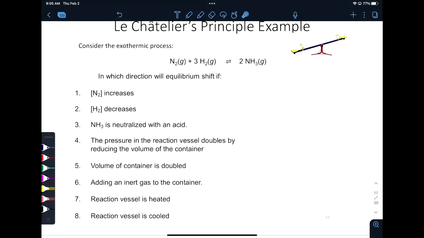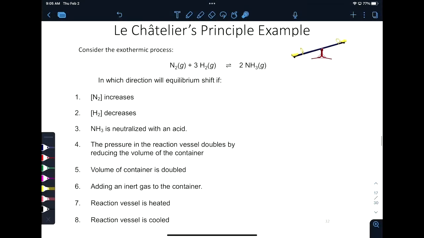So let's actually look at an example. Let's look at our Haber-Bosch process, the reaction to produce ammonia. So let's say we have this equilibrium. It's at equilibrium already. We have a vessel of it. All three species are present.